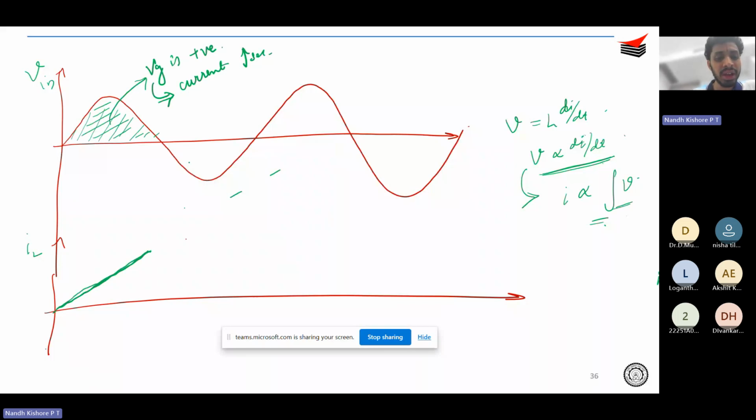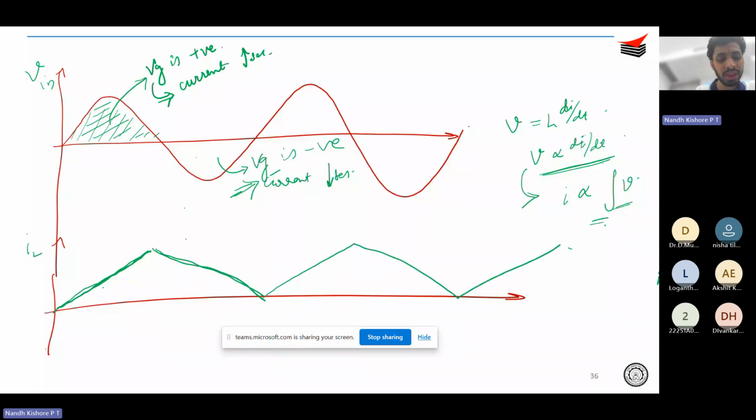And what will happen during the negative half cycle? During the negative half cycle, voltage is negative. Therefore, current decreases. So current will go something like this, and this is going to continue, which means that my inductor is going to conduct during the entire 360 degrees.